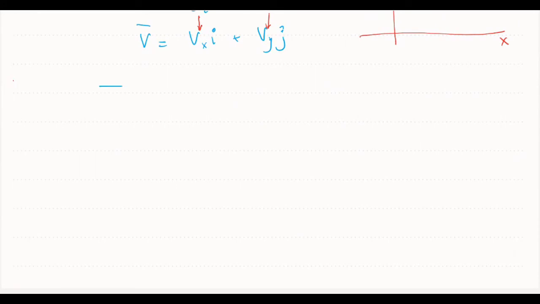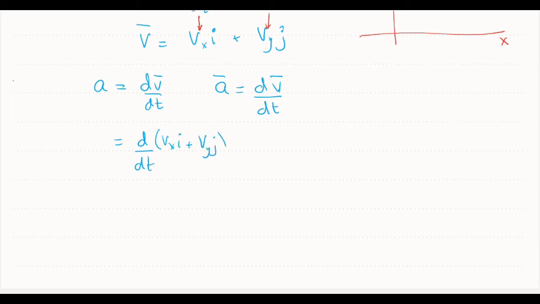Now we look at acceleration. In 1D, acceleration was dv by dt, and in 2 dimensions, the acceleration would be simply the same thing, but now v is in 2 dimensions, so it's going to be d over dt of vx i plus vy j, which will be dvx over dt i and dvy over dt j.